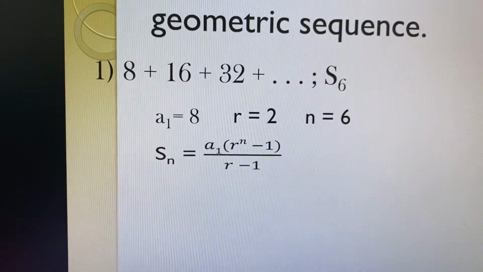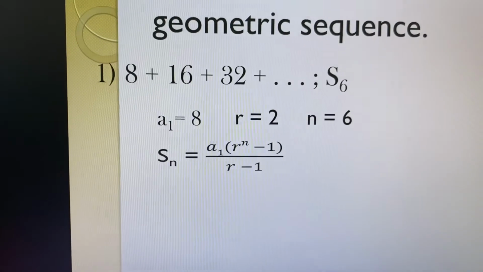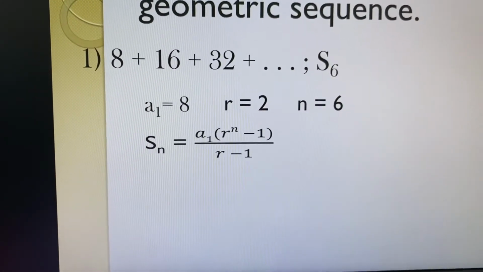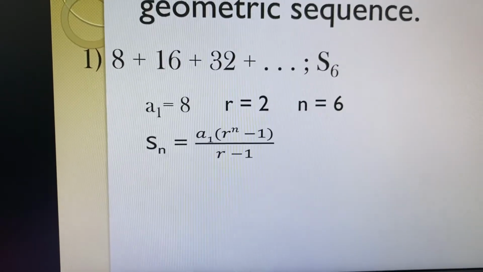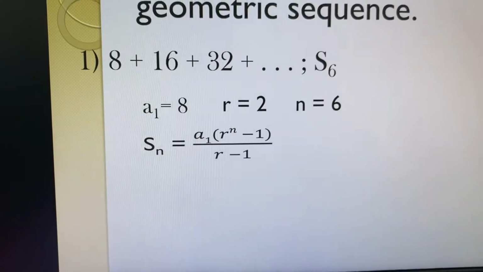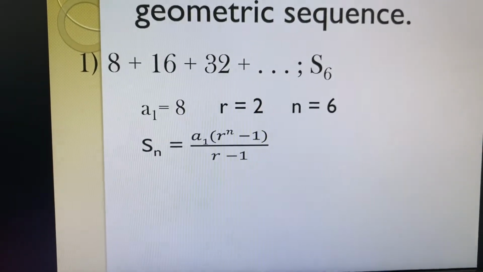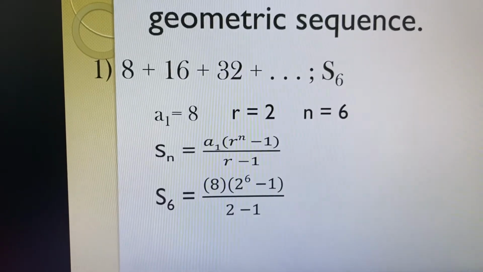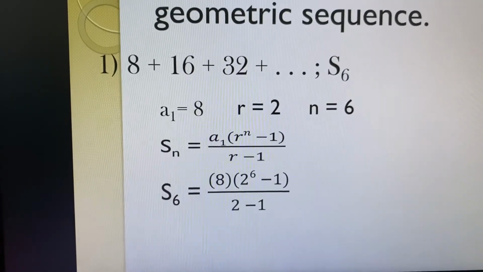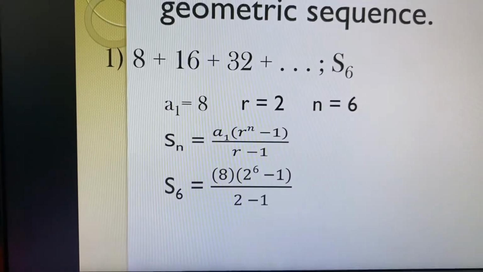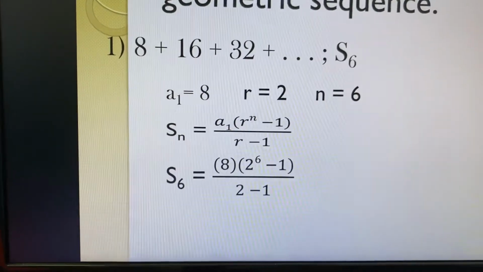The formula that we are going to use is S sub n equals a sub 1 times quantity r raised to n minus 1 all over r minus 1. So we are using the second formula of a geometric series. By substitution, we have now S sub 6 equals 8 times quantity 2 raised to 6 minus 1 all over 2 minus 1.